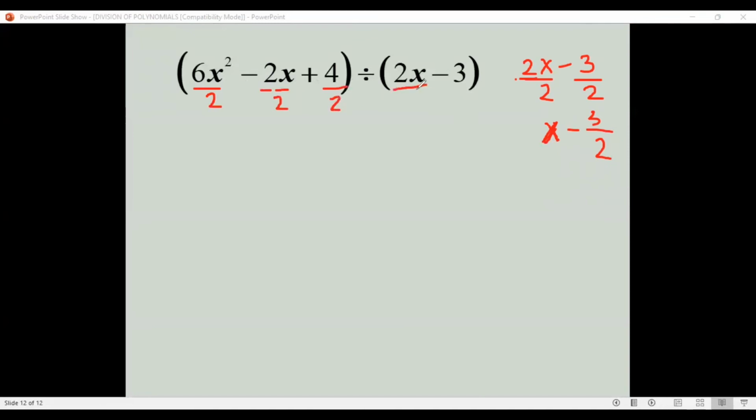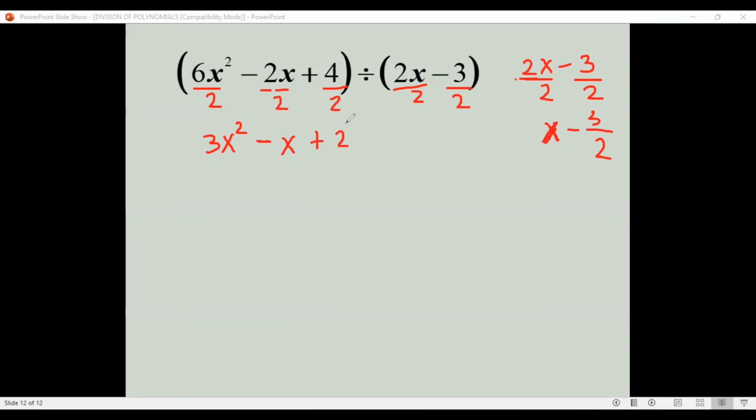So that's basically the practice once the numerical coefficient of your variable here, or the leading coefficient, is not equivalent to 1. Okay, so if you are going to do that, that will result now to 3x raised to the second power, and then minus x, because 2 over 2 is 1, but you have a negative there, and then plus 2.